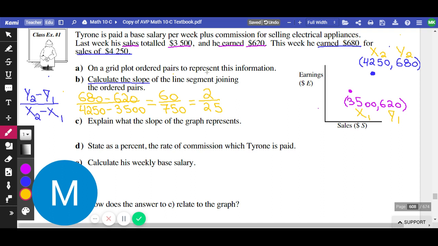If we wanted to give that slope context, we then put units with it. Right? Rise is y divided by x. So rise over run, that means earnings divided by sales.